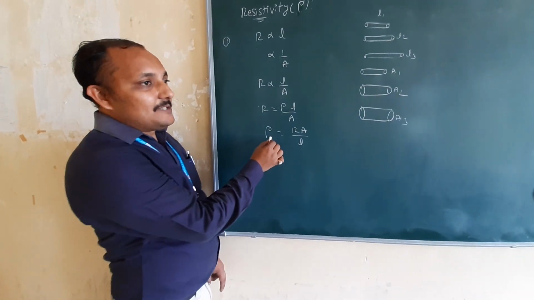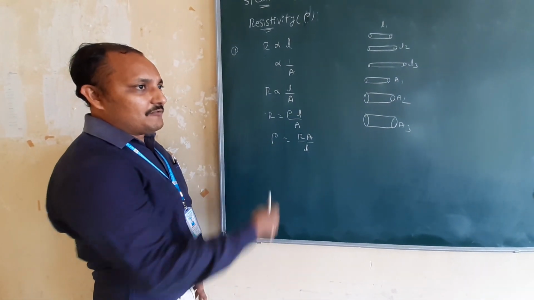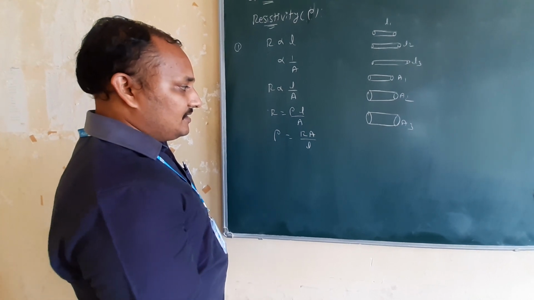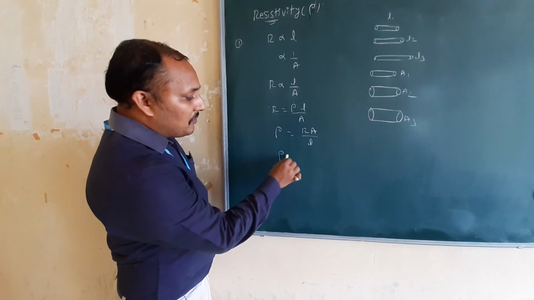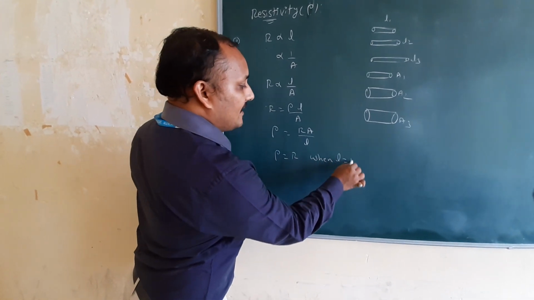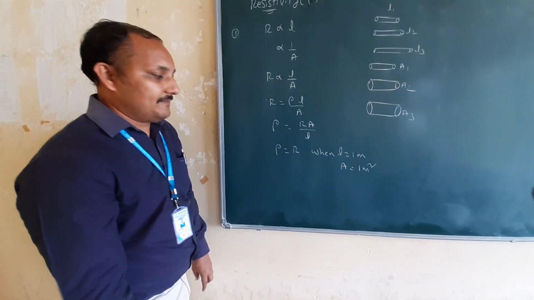They will ask: define specific resistance or resistivity of the conductor. One year they asked this for a 1 mark question. So define resistivity or specific resistance. How they will define: rho is equal to R when length is 1 meter and area of cross section is 1 meter square.